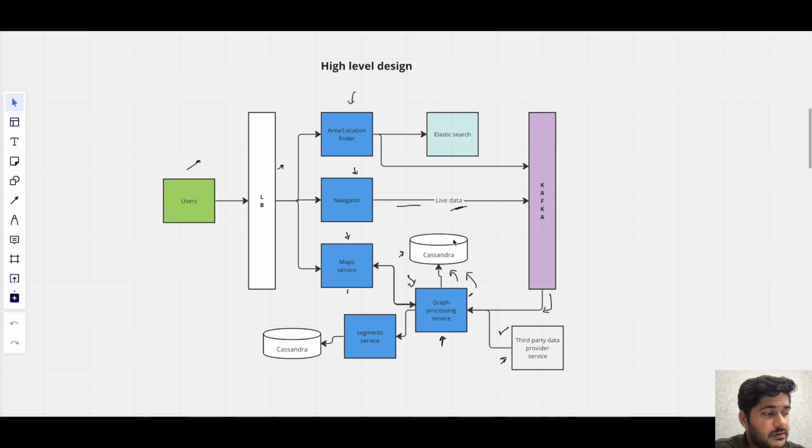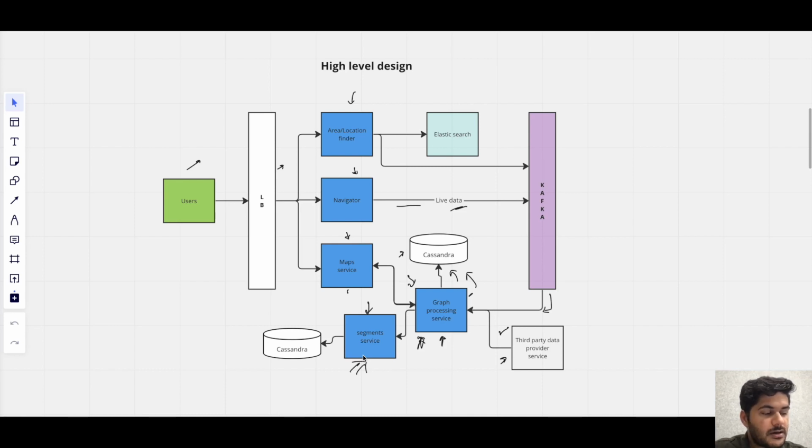And to support our graph processing service, we also need another service. Let's call it a segment service, and we'll discuss this also in detail, what segments means. But think of it that what this guy is responsible for is dividing the entire world into small segments.